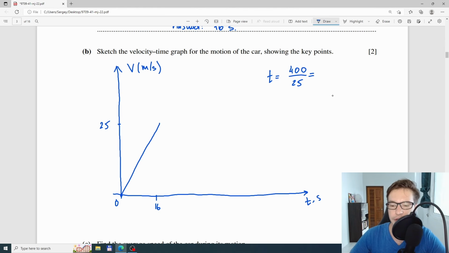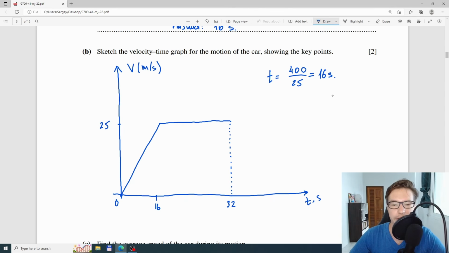So that gives us 16 seconds. So I'm going to continue this line for another 16 seconds. And altogether now it's 32.